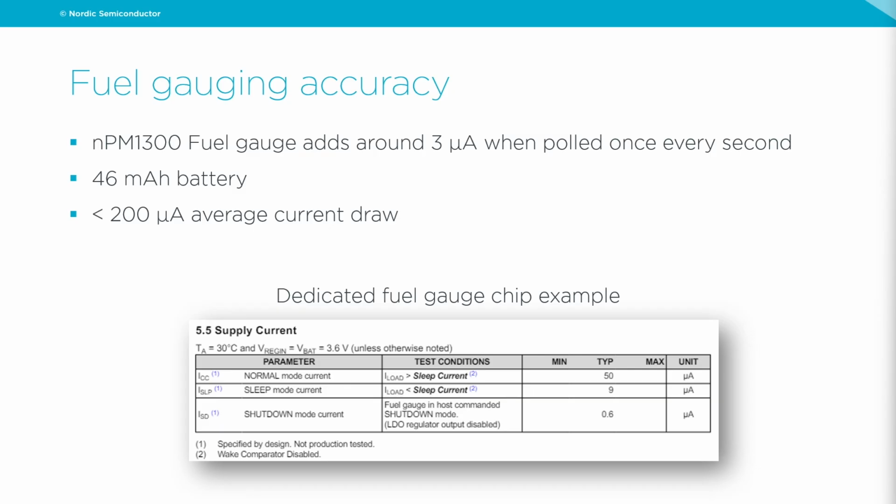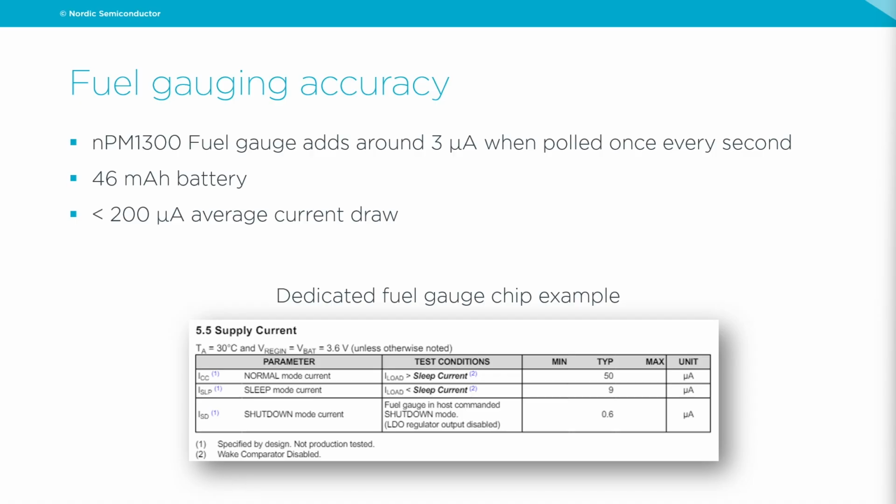In normal mode, system on, this component itself would add about 25% more current consumption to their application. So for them, they simply can't allow the application to have this type of fuel gauging, and the only way they could have it was by implementing it with the NPM1300, where it adds a very minuscule amount of current draw to their final application.